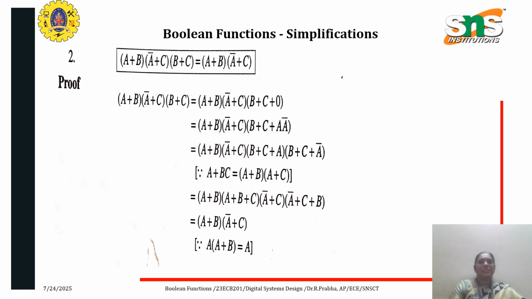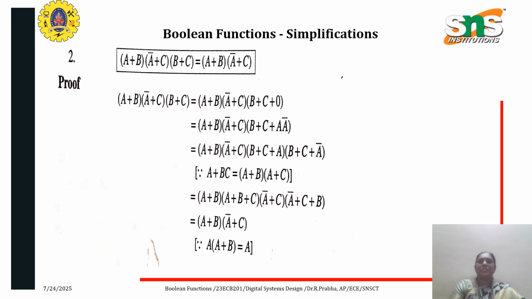Now we see the second example. The second example is (A + B')(A' + C)(B + C). This can be simplified into two terms as (A + B)(A' + C). The left hand side is taken, and in the third term we are adding 0, because according to the law, if we add 0 to any variable, it is equal to the same variable. So (A + B)(A' + C)(B + C), with 0 added in the third term.